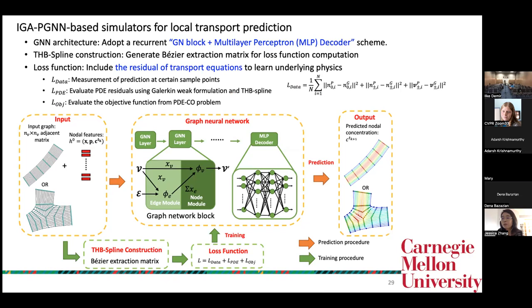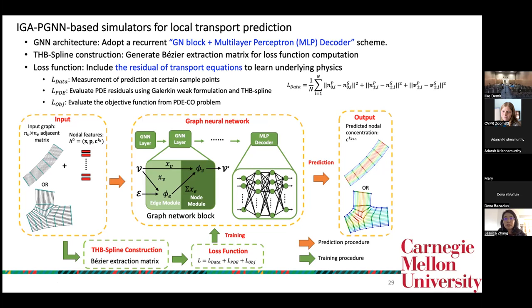In order to learn the underlying physics, we include the residuals from our equations in the loss function. Our loss function includes 3 components. One is measured from the prediction at the sampling points. We also include the residual from PDE constraints. The third one is that we evaluate the objective function from our system.